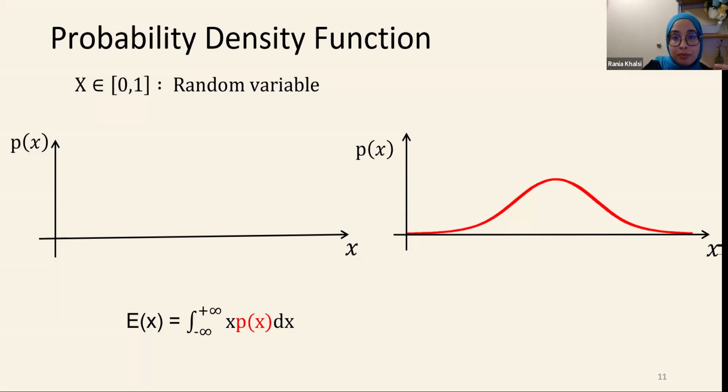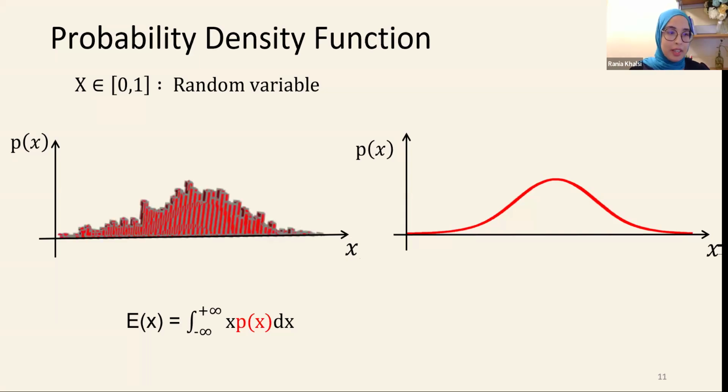Here is what we call the probability density function of x. It looks like this. It basically tells us the probability of a sample being any of the values between 0 and 1.